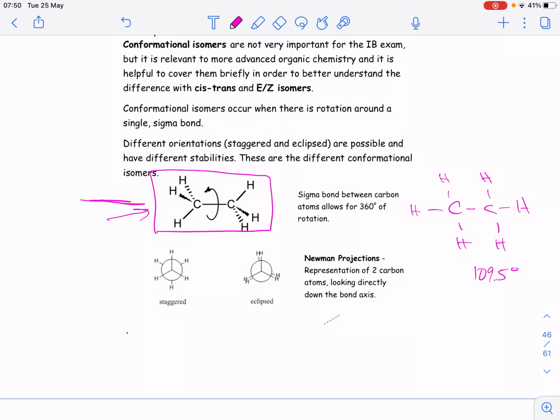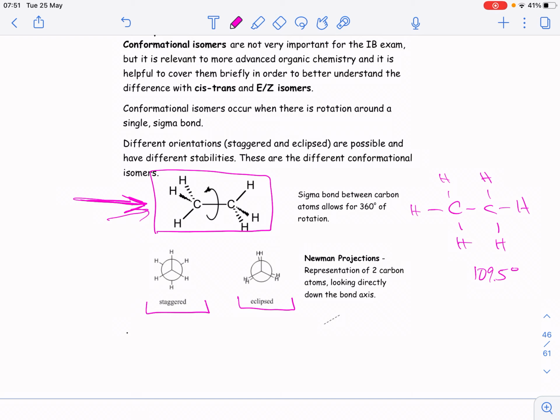So if we were looking at the molecule from one of these sides, straight down the bond axis between the two carbons. And you can see that you could take those hydrogen atoms that are on each carbon, and they could be staggered in how they're oriented, or they could be lined up right with one another, which is called eclipsed. And so there's different orientations that those attached atoms can take around the carbons, simply because the bond can spin and the bond can rotate.